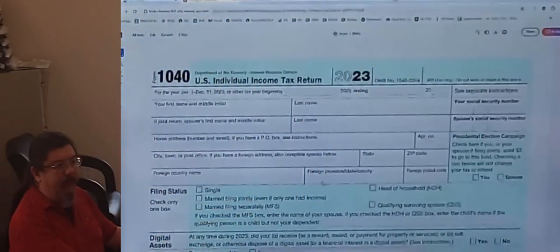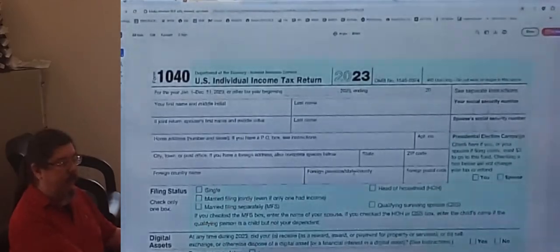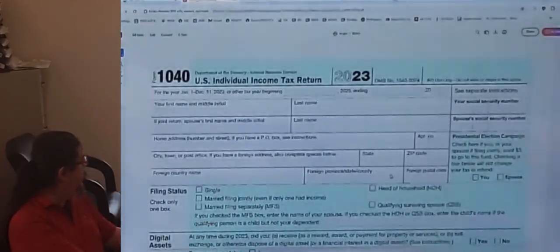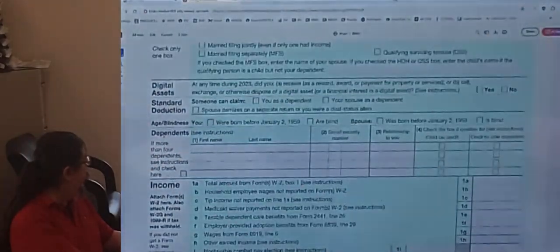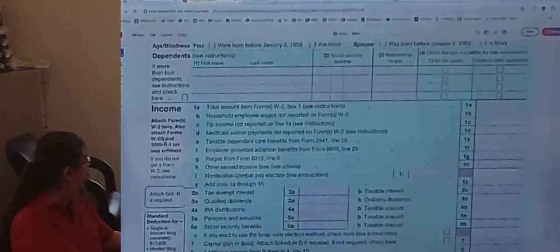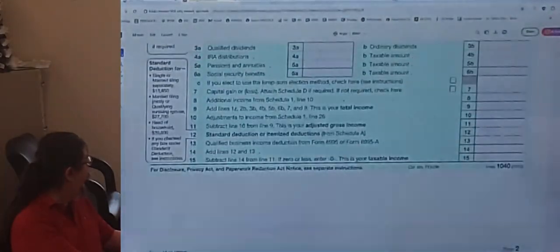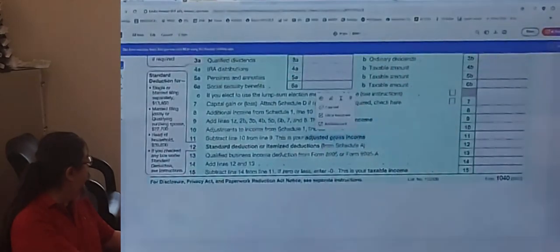Okay, chapter 7 is going to be about standard deduction, itemized deductions, and calculating the income tax. So if we look over the 1040 again, we have your background information, your filing status, your dependents, then your income, and then after you've added up all of your income and calculated your adjusted gross income, then we'll apply your standard deduction or itemized deductions.